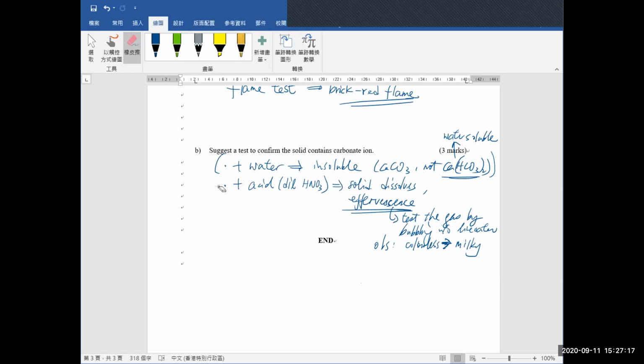I cannot directly give you a whole bottle of chemical reagents and ask you to test, and you add a very large amount of solid and acid, get carbon dioxide in excess, and check whether the lime water turns from milky back to colorless.